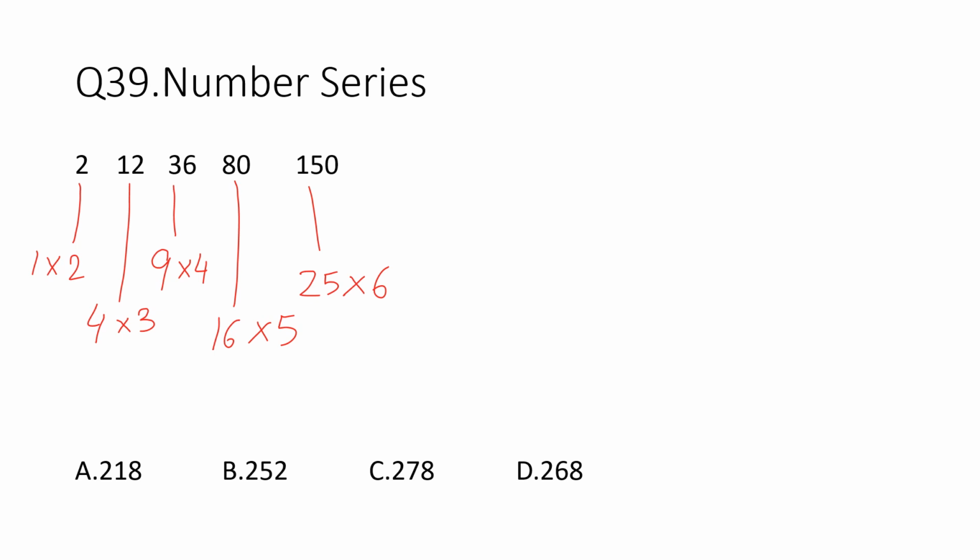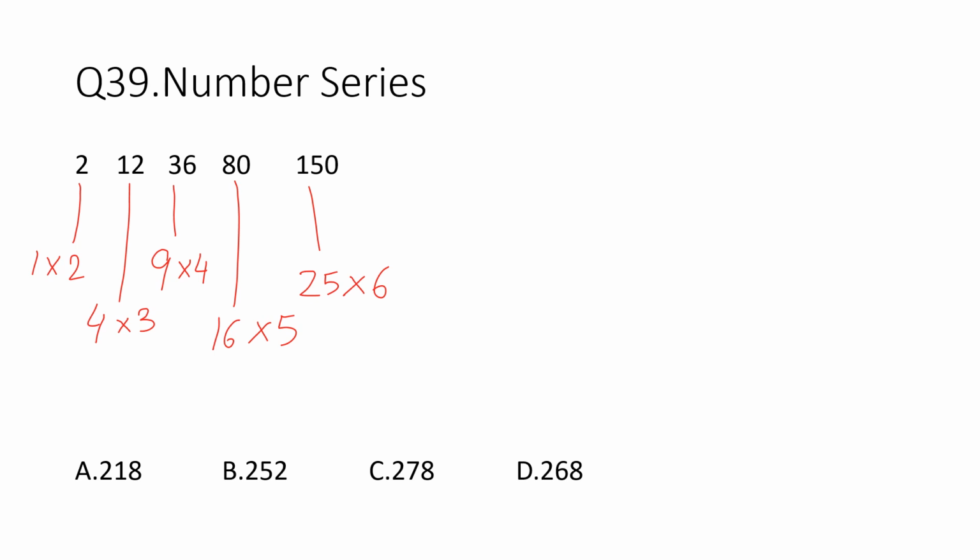You can write 36 as 9 into 4, 80 as 16 into 5, and 150 as 25 into 6. If it strikes you, you can do something like this. This is into 2, into 3, into 4, into 5, into 6.